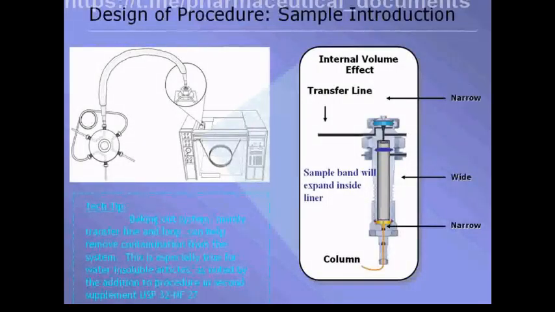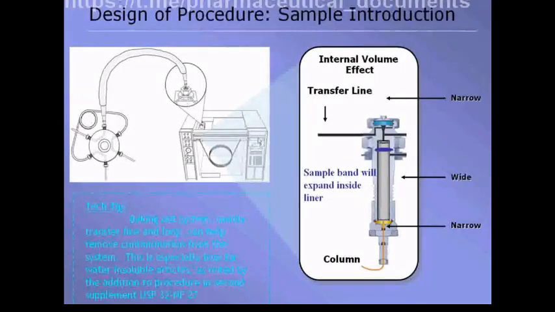So I want to use the example of a pressurized loop because this does seem to be the most commonly used style of injection technique and the one that was actually used in developing USP 467. What we find is this is very similar to the HPLC injection port, where we're going to fill a loop, rotate the valve, and go through a transfer line into the injector of the GC.